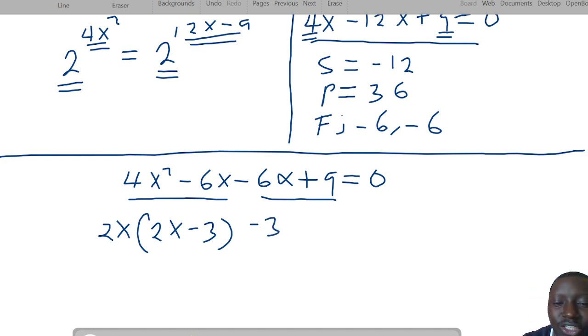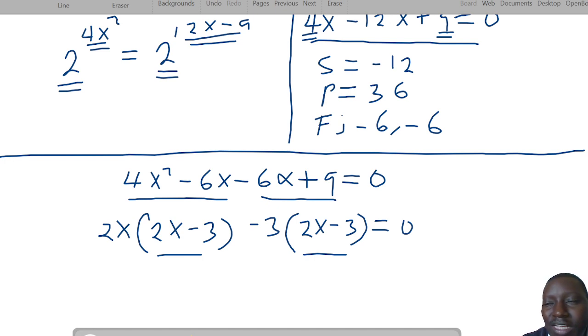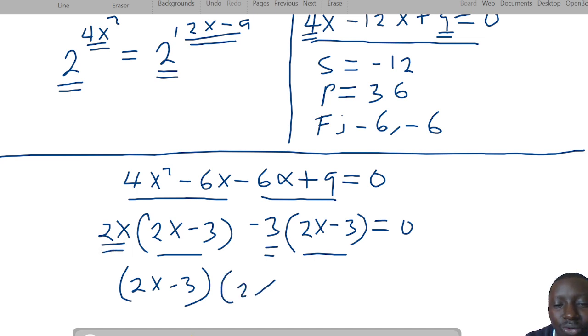So that means that I should be able to pull out 3, and I will have to change the sign inside that bracket. That means it will be minus 3. So class, you can see that 2x minus 3 is the same as the 2x minus 3 in the other bracket. So therefore, there is need for us to factor out, and we'll have 2x minus 3, then of course we have another 2x minus 3 that way, and that should be equal to 0.